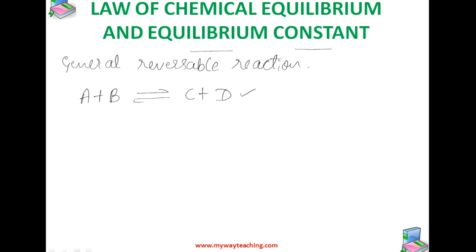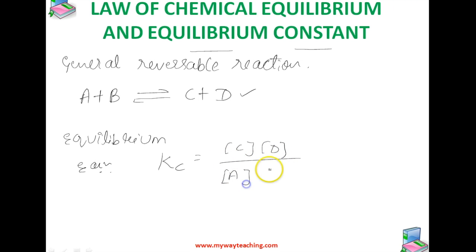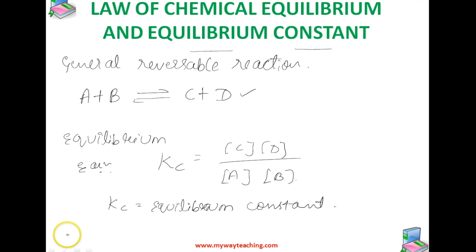On the basis of experimental studies of many reversible reactions, the Norwegian chemists Cato Maximilian Guldberg and Peter Waage proposed in 1864 that the concentrations in an equilibrium mixture are related by the following equilibrium equation, that is Kc is equal to [C][D] over [A][B], where Kc is the equilibrium constant, and the expression on the right side is called the equilibrium constant expression.